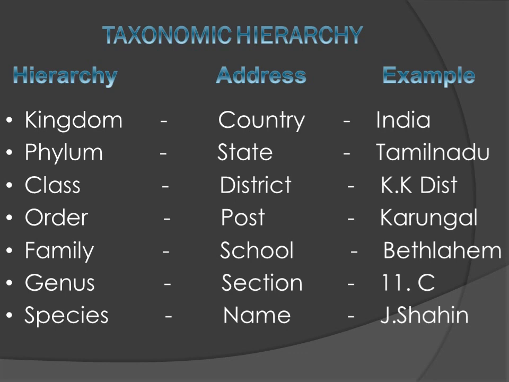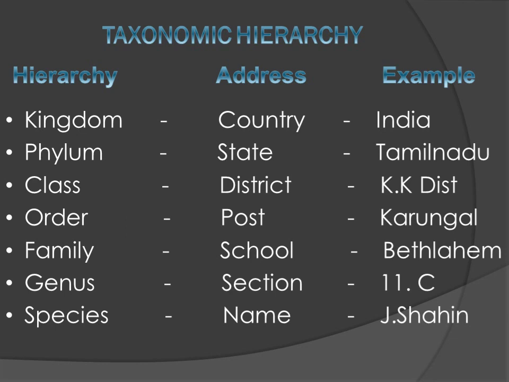Now, like the same address we said, we can give one scientific term for this hierarchy, instead of me just telling you to make you understand, right? So instead of this address, we can substitute the term hierarchy. Address consists of country, state, district, post, school, section, name.